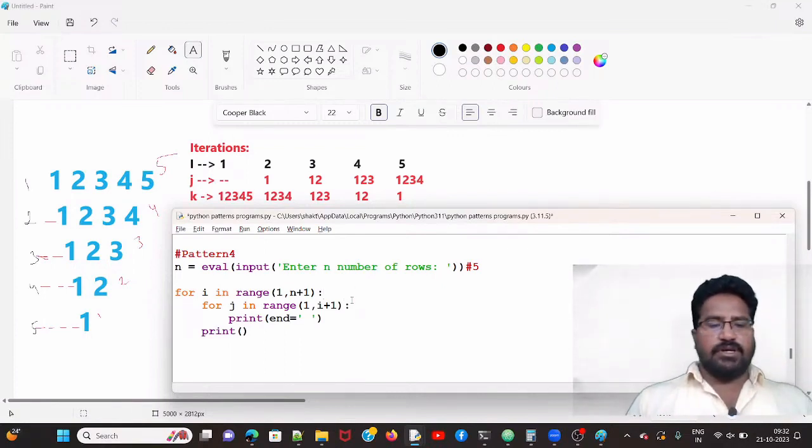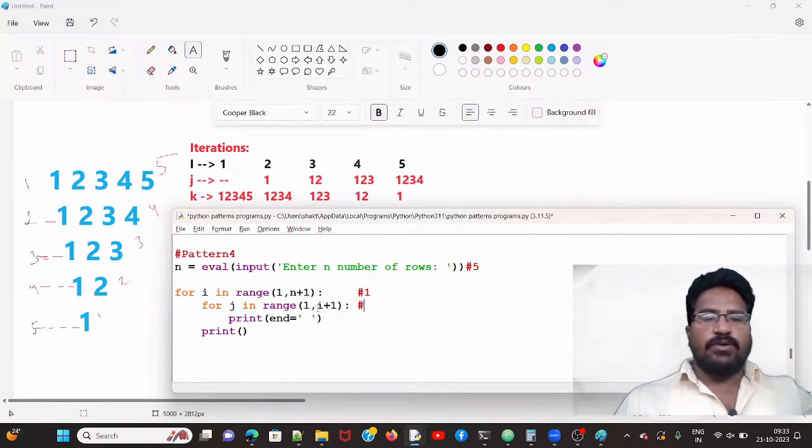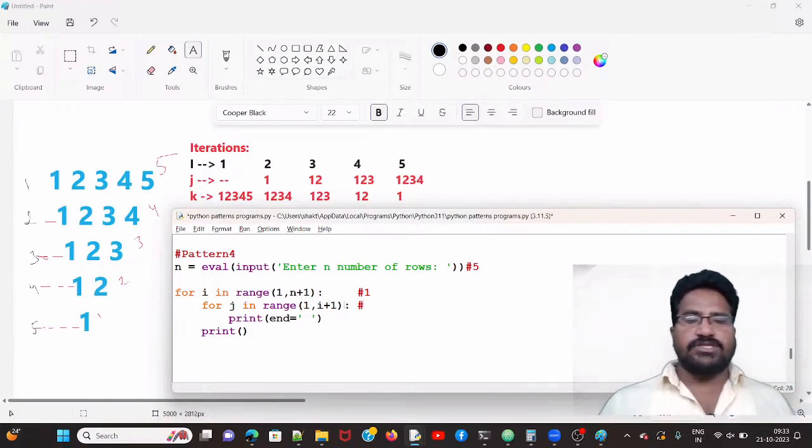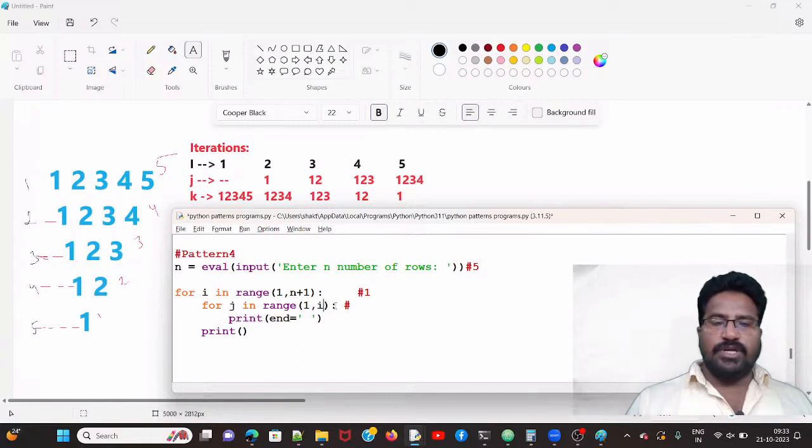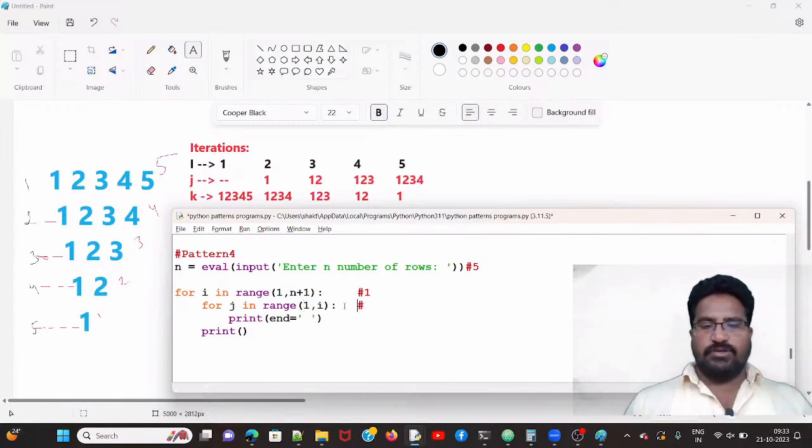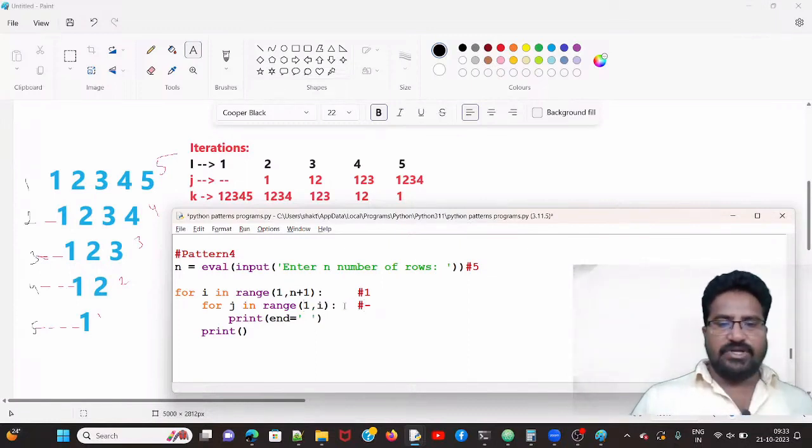So when I value is 1, how many times is j iterating? 1 plus 1, 2. 2 before 1. So starting 1, ending 1 means one iteration will come. But I don't want any iterations initially. Then let's take only I. When I value is 1, 1 before 0, no iterations.